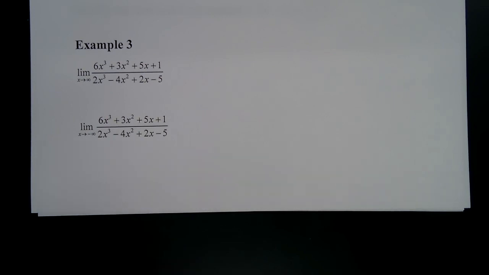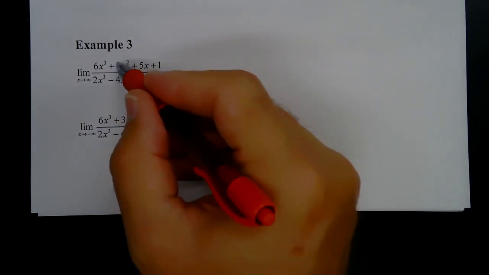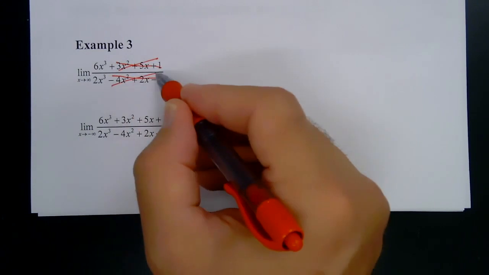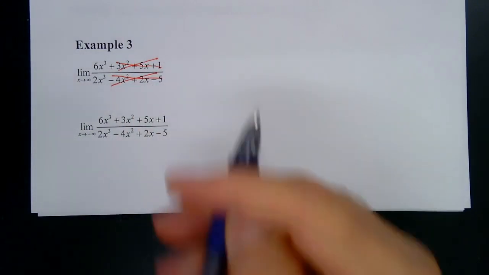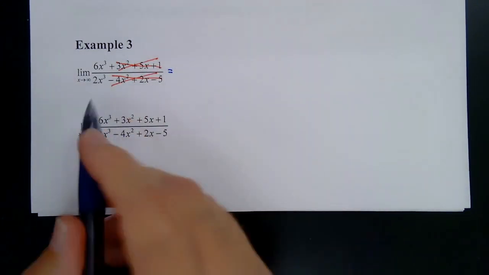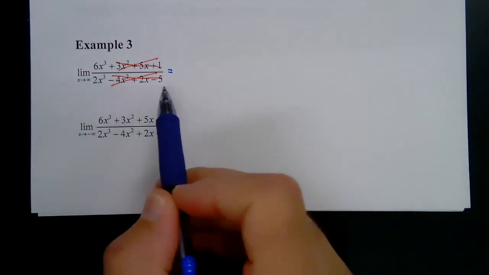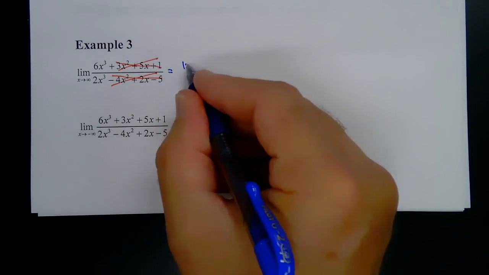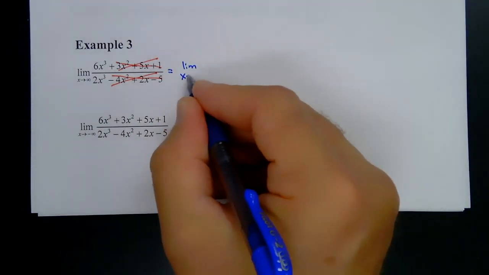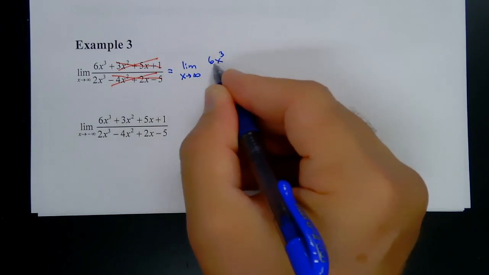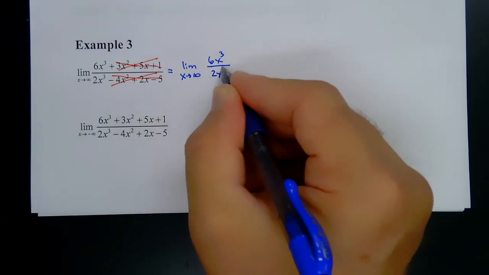So for this next one, we can ignore this and this. And we could figure this out because x cubed grows faster than any of these others. Here, x cubed grows faster than any of the others. We can take a look at the limit as x approaches infinity of 6x cubed over 2x cubed.